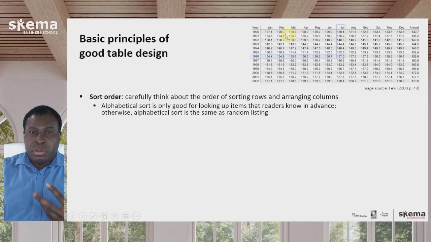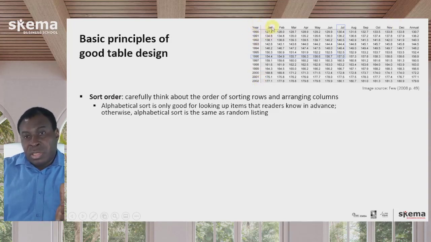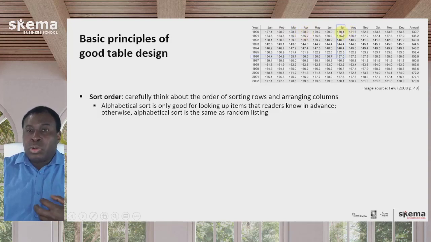In this table, the rows are sorted by year. That makes intuitive sense. And the columns are sorted by time order. They're not sorted alphabetically. There's a logical order of what people would expect. And so think carefully about that.